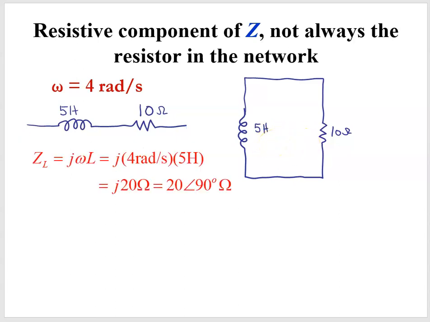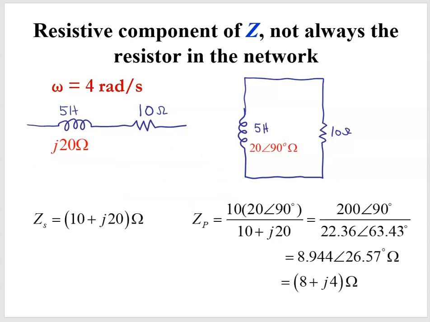So let's take a look here. We can calculate our inductive impedance, where the reactance is the 4 radians per second omega times the 5 henry. So it's j20. We can write that in rectangular form, or 20 angle 90 degrees in polar form, which might be easier if we're going to multiply it.